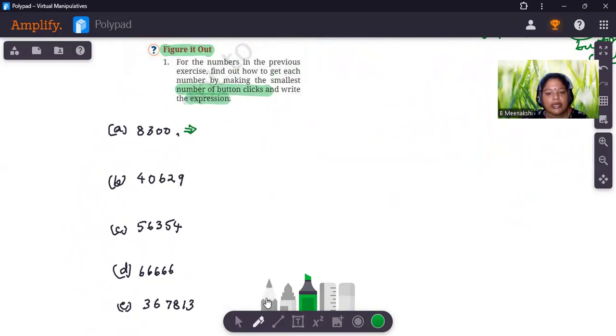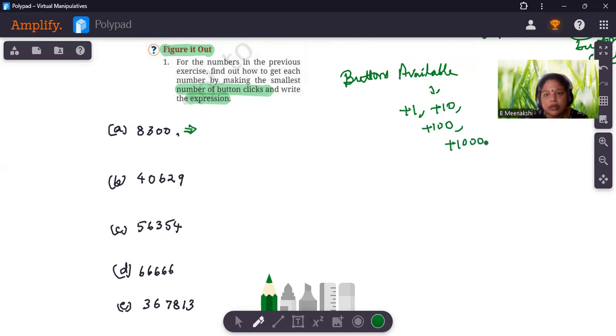I've already told you how to represent this. Buttons available are plus 1, plus 10, plus 100, plus 1000, plus 10,000, plus 1 lakh. Also, 10 lakh is also available.